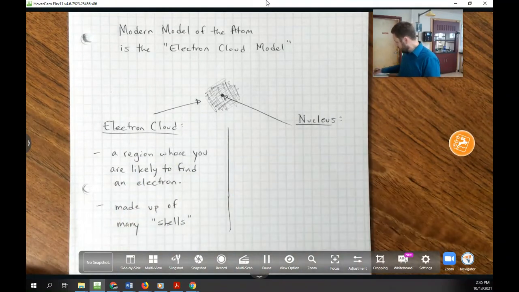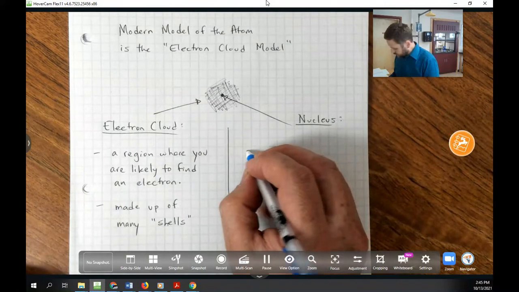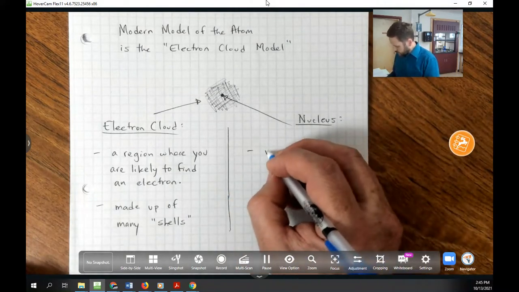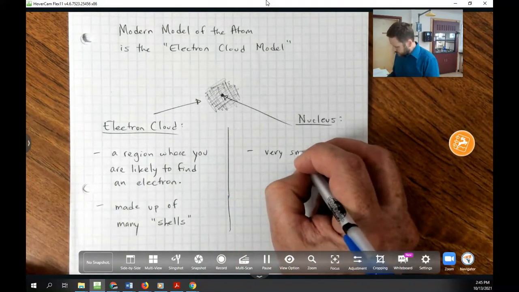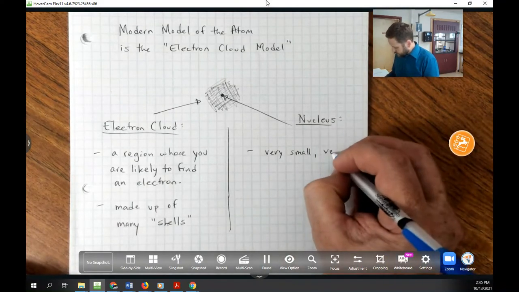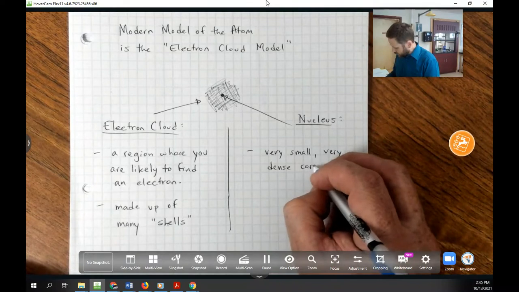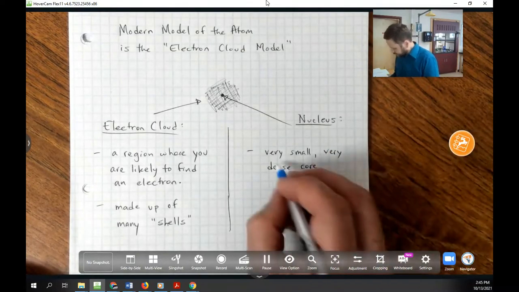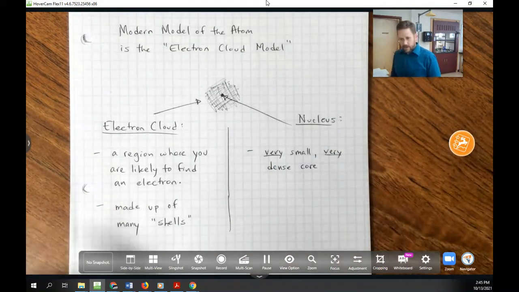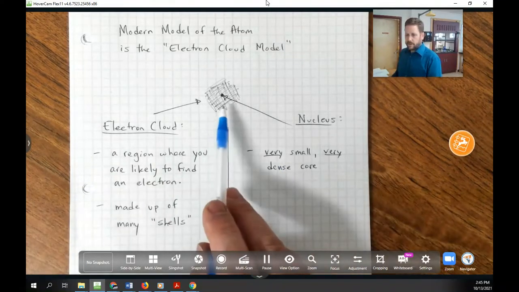On the other hand, the nucleus is going to be a little simpler to talk about. The first thing I want to point out is that the nucleus is very, very small and very dense. And it's the core of the atom. And it's really not to scale here.